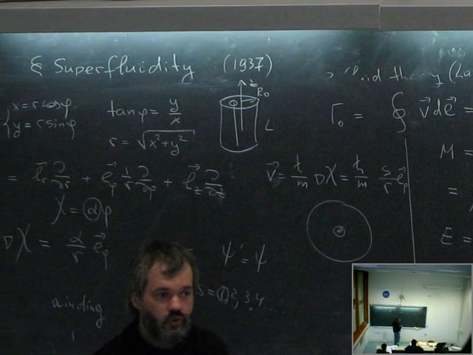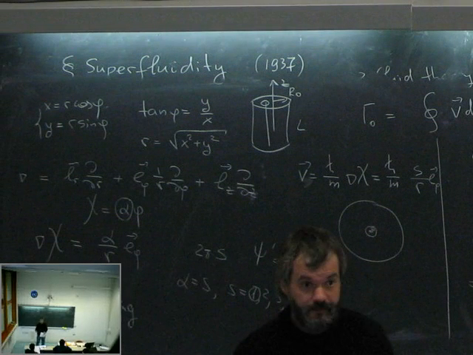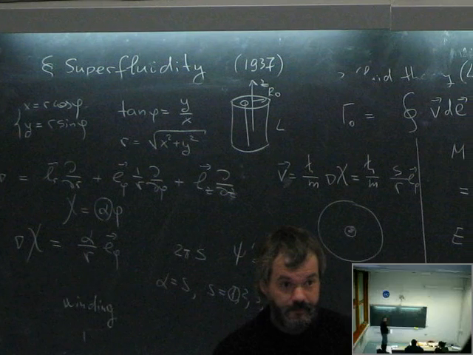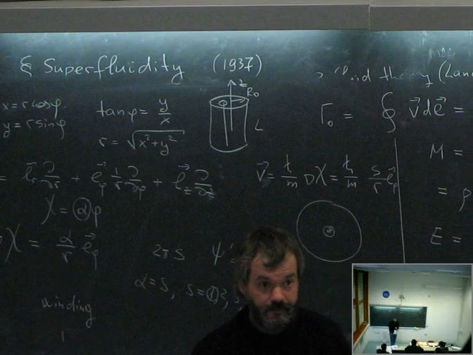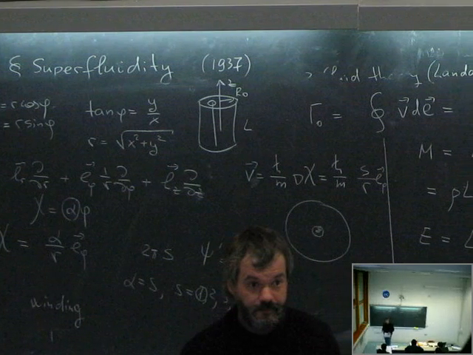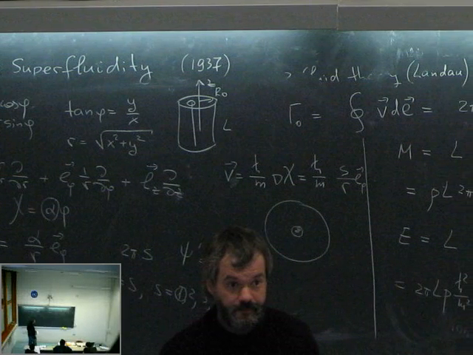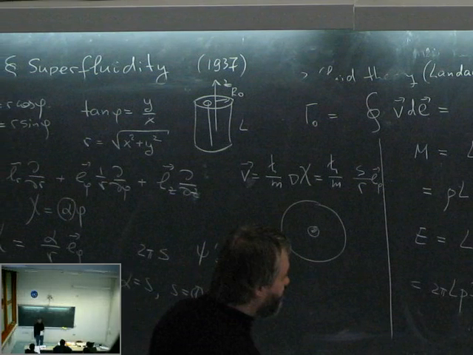While if we create two vortices with S equal to 1, it costs less energy. 2 squared is 4, while 1 plus 1 is equal to 2. So it's twice as costly to have a vortex with a higher winding number than to have two of them with a smaller winding number.